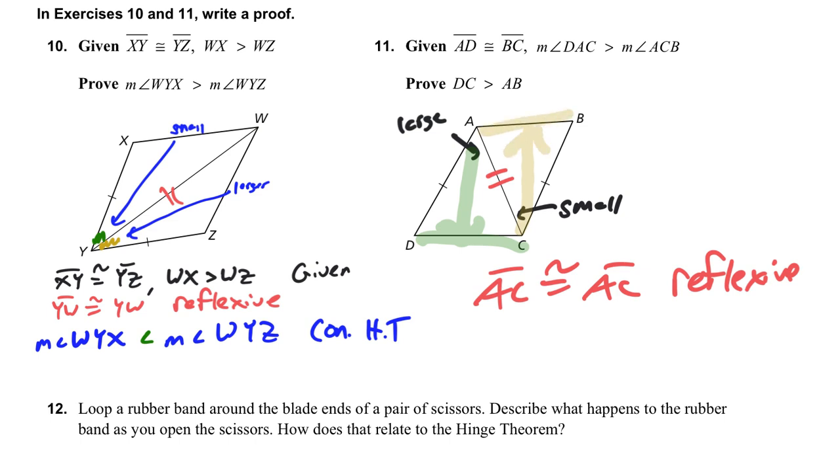So DC is larger than AB. That would be our last statement in our proof, because of the hinge theorem. The thing here is you have to realize that we use our reflexive property.